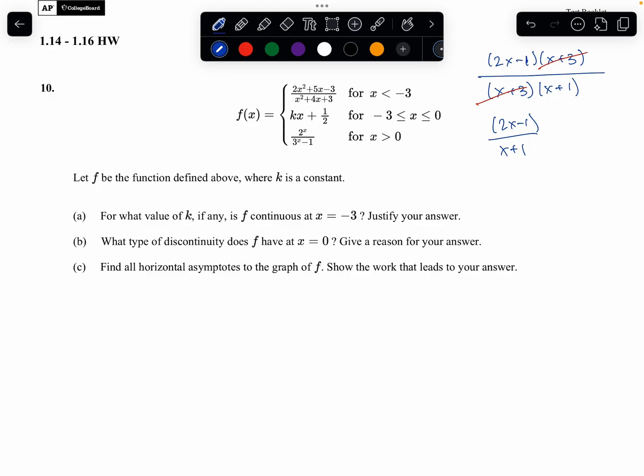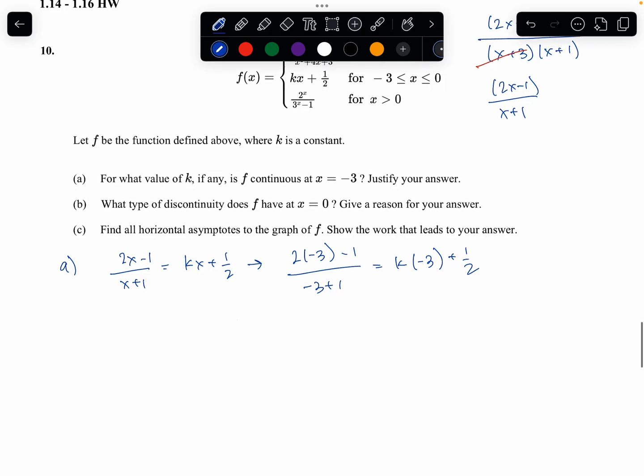And so for part A, I'm going to take the 2x minus 1 over x plus 1, set it equal to kx plus 1/2, this part right here, and I'm going to plug in -3. So 2 times -3 minus 1 over -3 plus 1 equal to k times -3 plus 1/2.